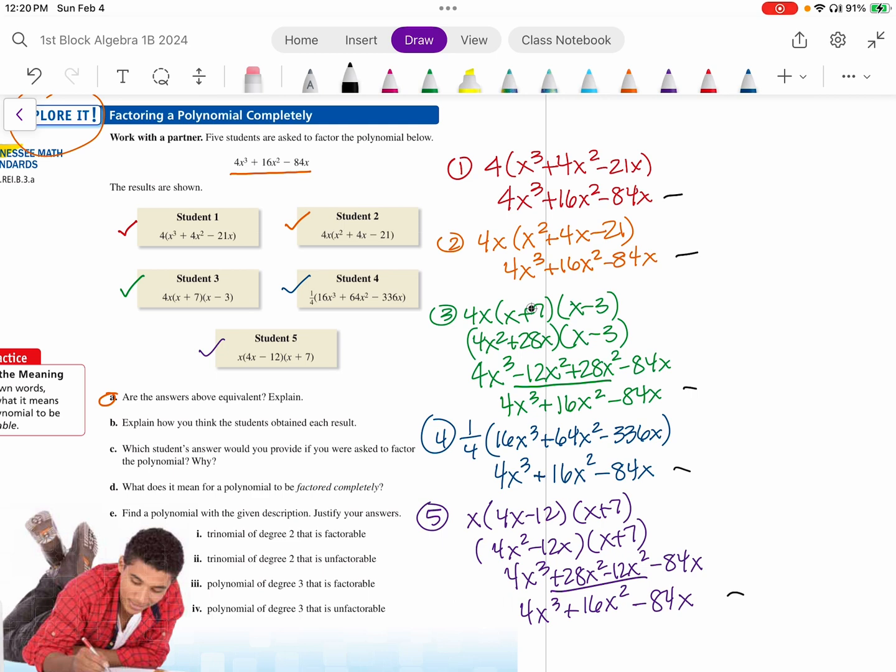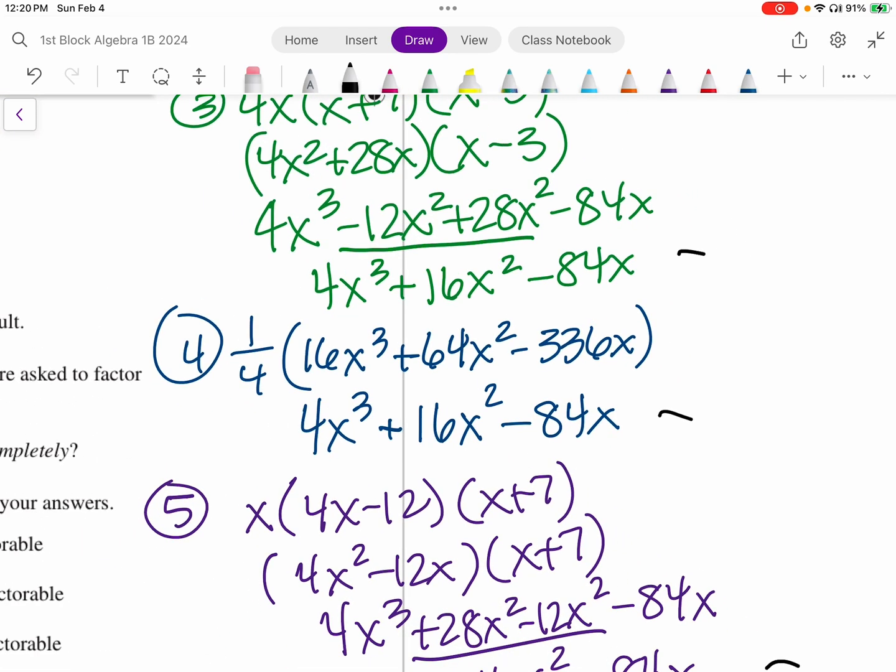I first want to examine student 4. They factored out 1/4. When you factor out a fraction, you're actually making the problem more difficult because you're dividing by a fraction, which is really multiplying by the reciprocal.